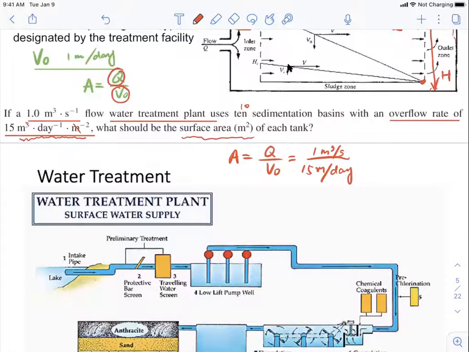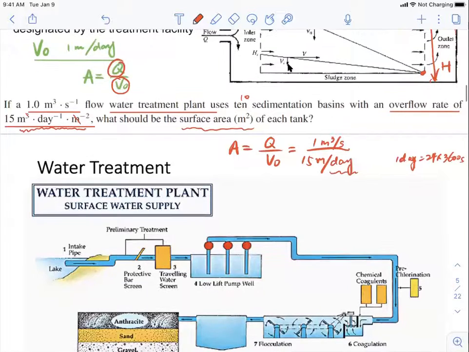Based on this, you can calculate the total surface area for the sedimentation basin. You should also pay attention that 1 day is 24 hours multiplied by 3,600 seconds, so remember to do that conversion here.